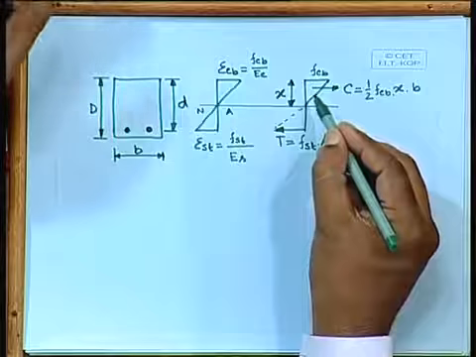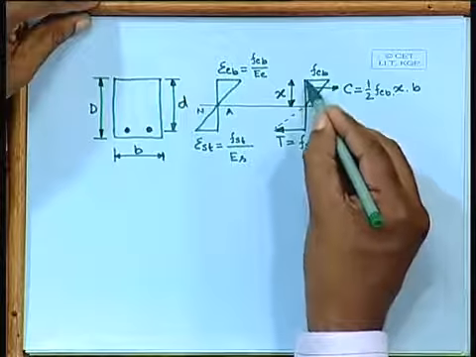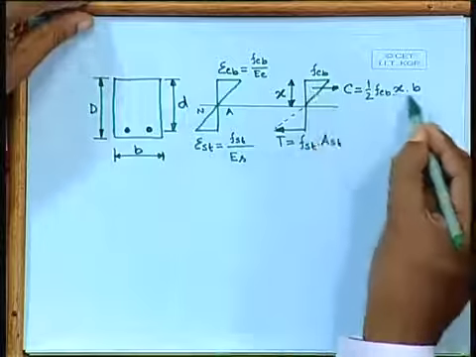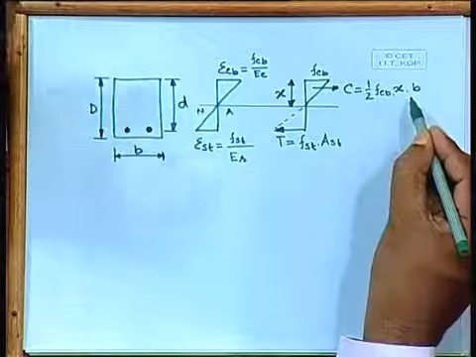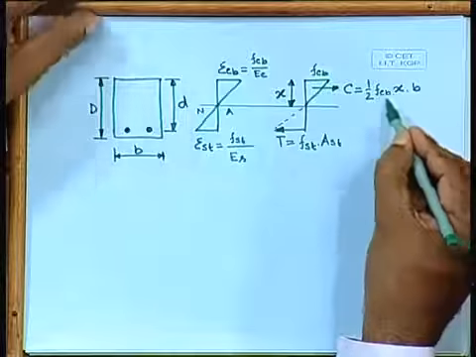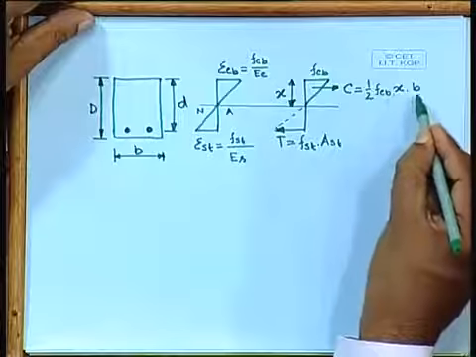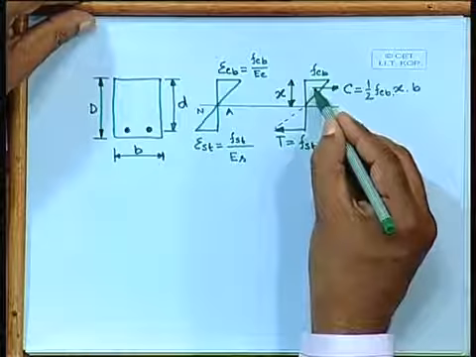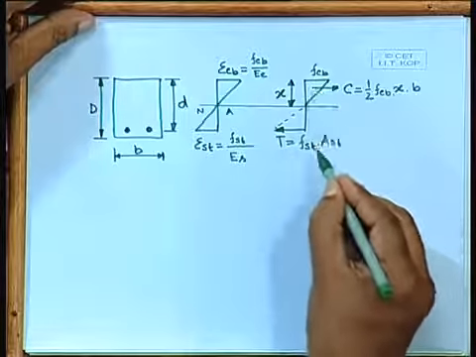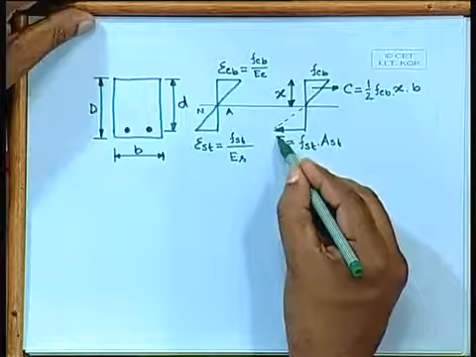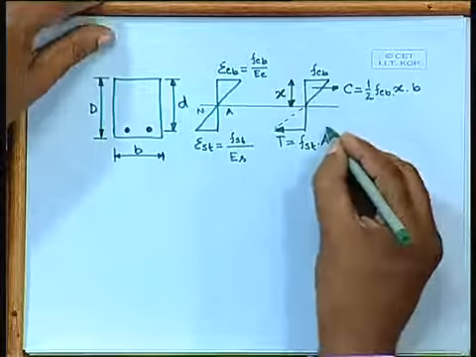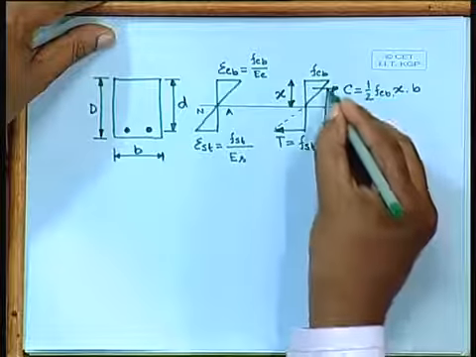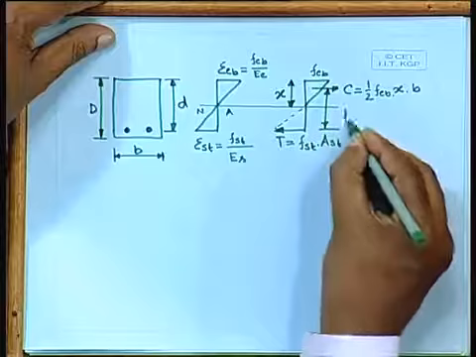We have to consider the volume, and that will give you the compressive force. So half FCB times x times the width of the beam is the total compressive force here, and the tensile force is here, and this length is the lever arm.